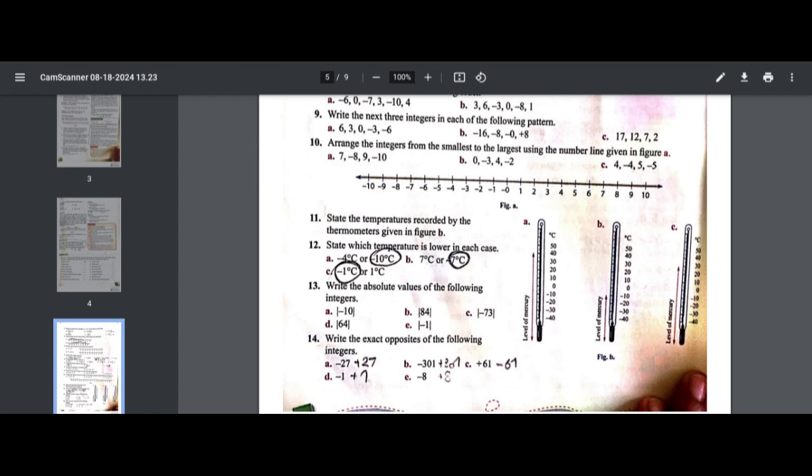And the second thing we have 17, 12, 7 and 2. I think these are the positive integers.